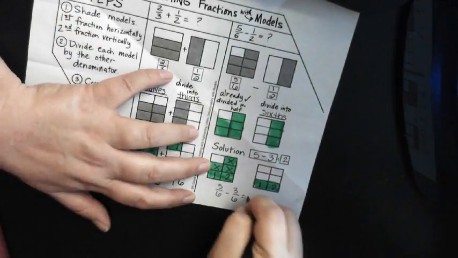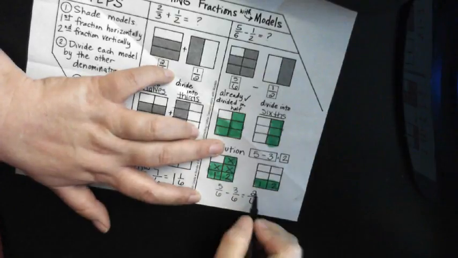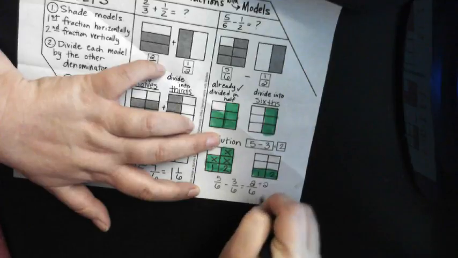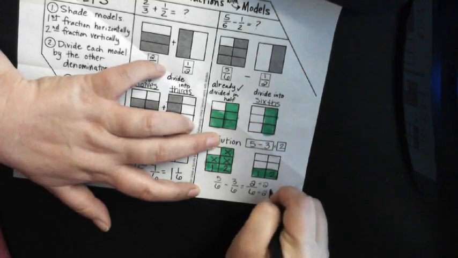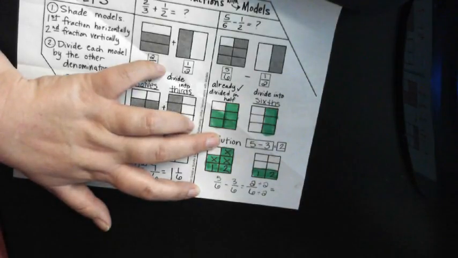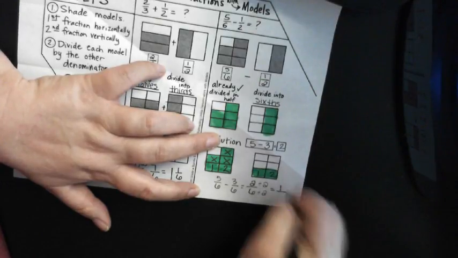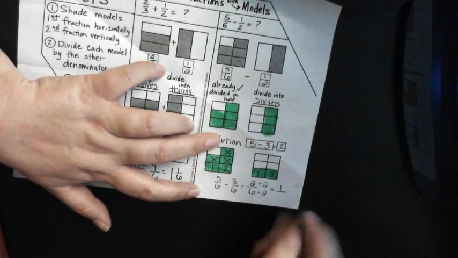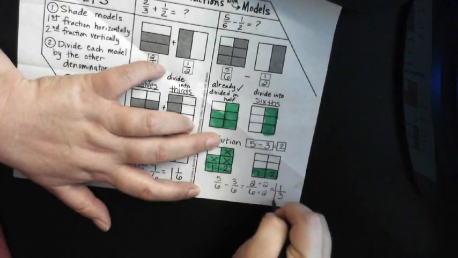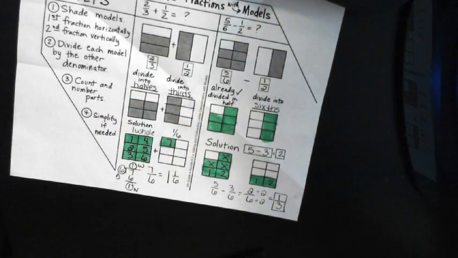Remember, my denominator stays the same. 5 minus 3 is 2. 2 and 6 have a common factor of 2, so I'm going to divide top and bottom by 2 because when I multiply and divide, what I do to the bottom, I must do to the top. 2 divided by 2 is 1, and 6 divided by 2 is 3, meaning my final answer is 1/3. All right, good job, guys.